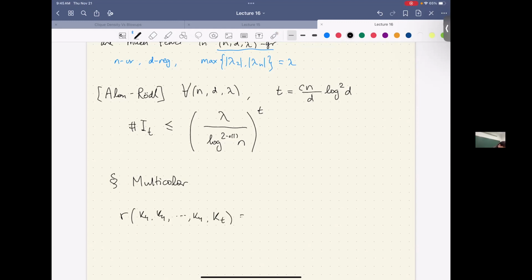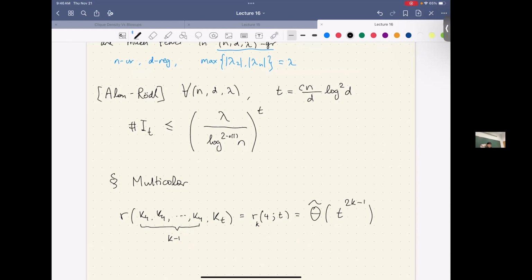Okay, this notation is R of K4 and KT. The total number of colors is K. So there are K minus 1 colors in K4 and the last color in KT. I think last time I used K here, but it doesn't matter. You just shift the parameter. So they prove that this is big theta of T to the 2K minus 1.